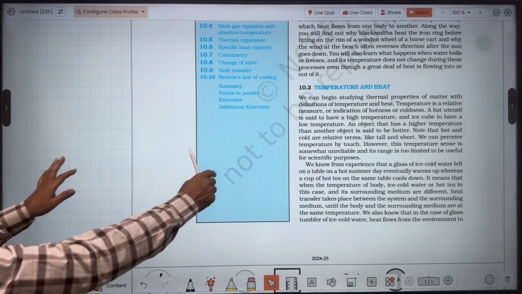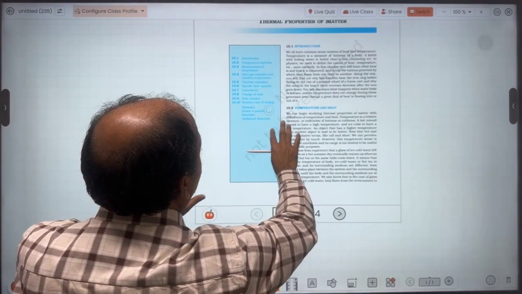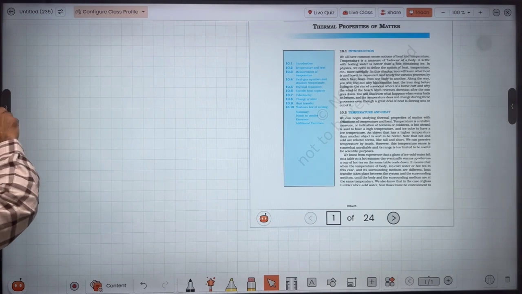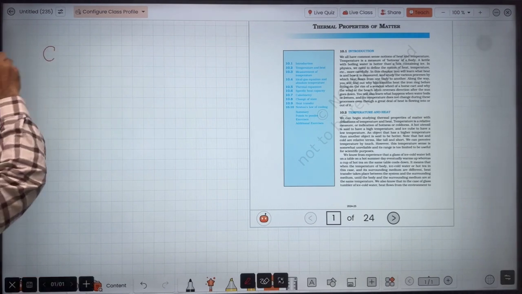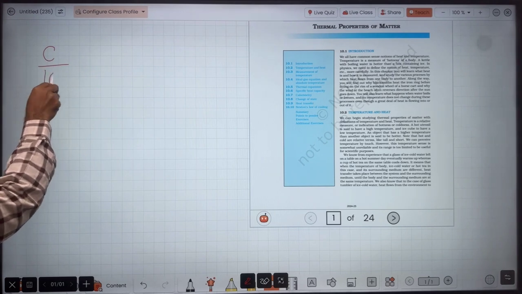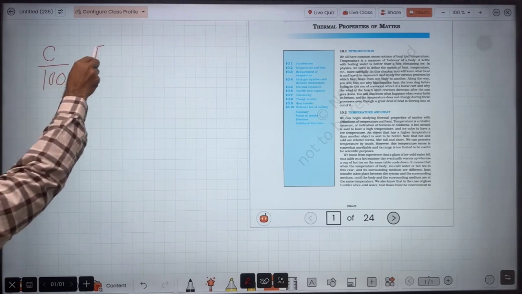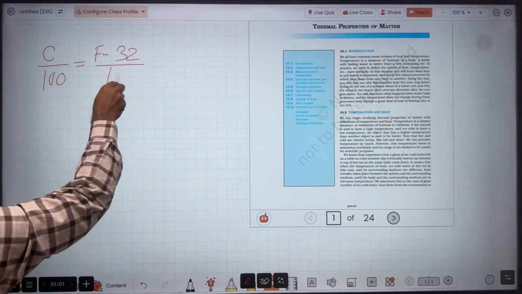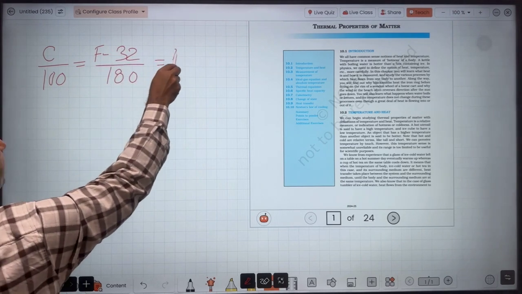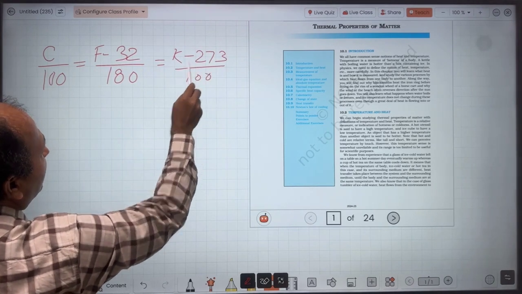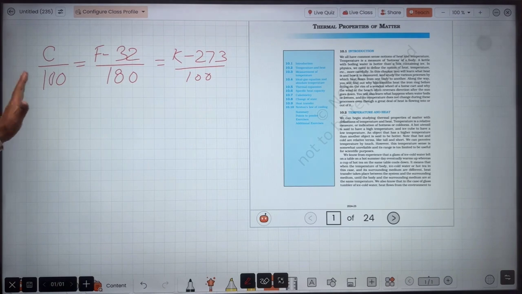So here we can write C, the lower fixed point is 0 so I am not writing it, number of divisions are 100, equal to the Fahrenheit scale, its lower fixed point is 32, number of divisions are 180. Then the Kelvin scale, lower fixed point is 273 and number of divisions are 100. So this is the relation between the three scales.